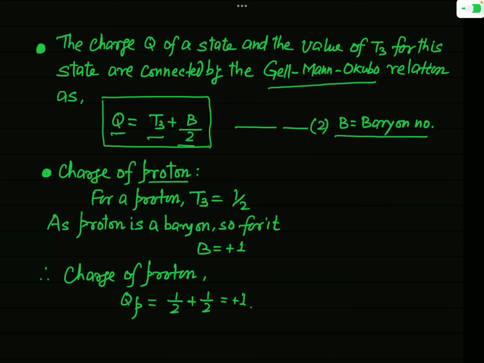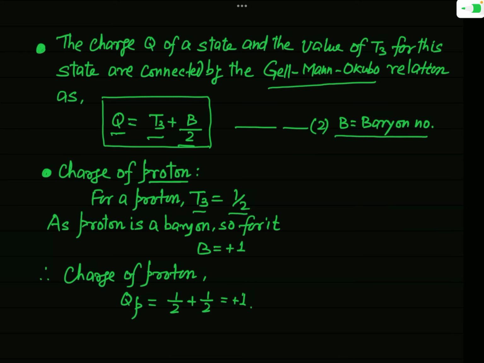Now, taking this formula in our mind, we can calculate the charge of some of the important particles. For example, you can find the charge of a proton from this formula. You have seen that for a proton, T3 is equal to 1 by 2. Although I have told you that T3 may be taken as minus 1 by 2, this is just a convention. But the convention that T3 equal to 1 by 2 for a proton is broadly used.